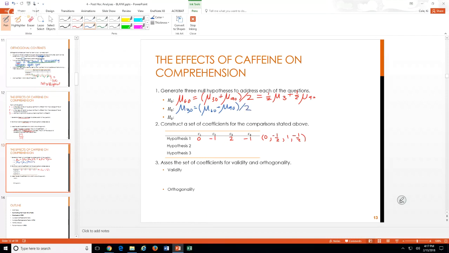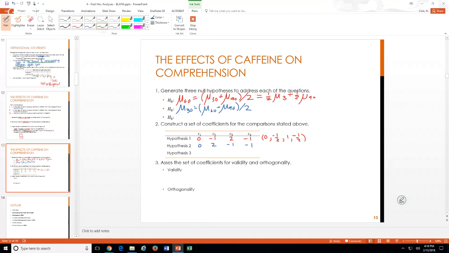And what are your contrast coefficients for that one? What's on mu sub 0? 0. What about mu 30, mu 60, and mu 90? Anybody do something different? Or you're not sure if your different one is equivalent to that one? We could all have essentially a different one.